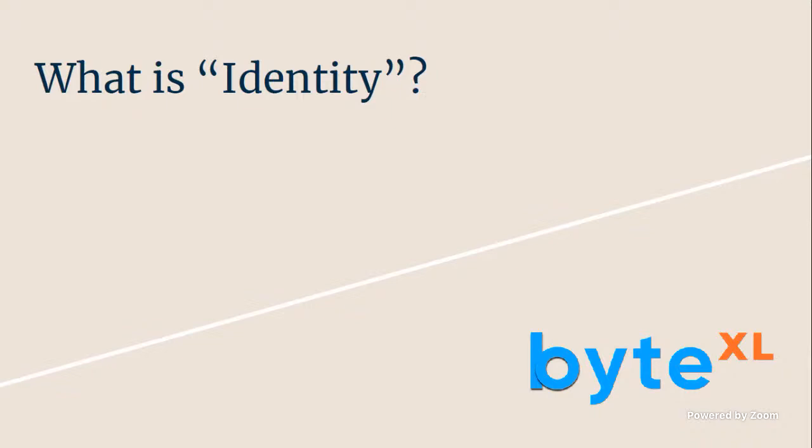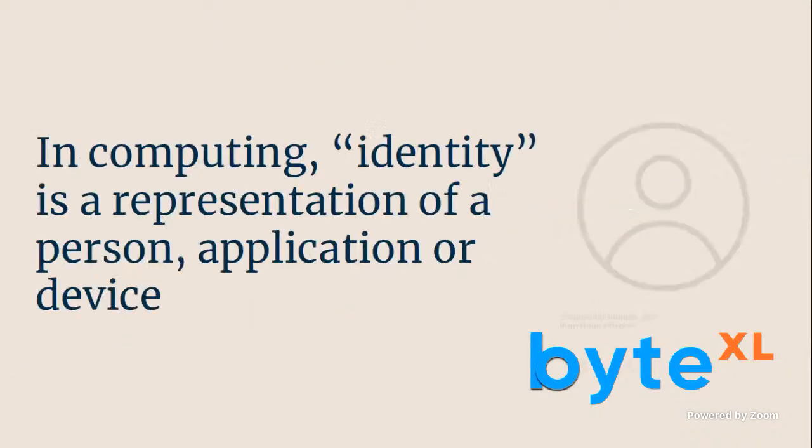A unique role is given to each person, and based upon this role I'm in this organization, so I have this unique identification. You need to identify yourself. In computing, identity is a representation of a person, an application, or a device.